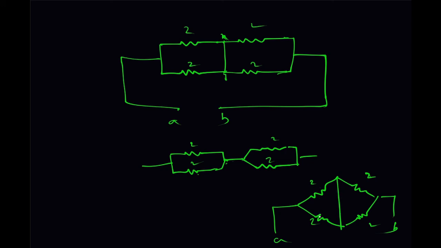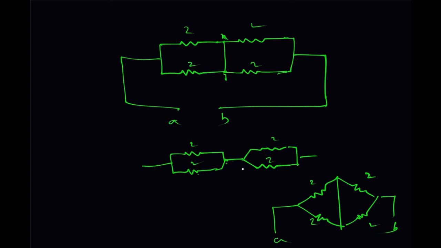So these 2 will be in parallel like this, and these 2 will be in parallel. So you can find the equivalent of this, that will be in series with the equivalent of these 2. These 2 are in parallel, their equivalent is 1 ohm, and these 2 in parallel, their equivalent is 1 ohm. Now 1 ohm plus 1 ohm, that is 2 ohm, is the equivalent resistance between A and B.